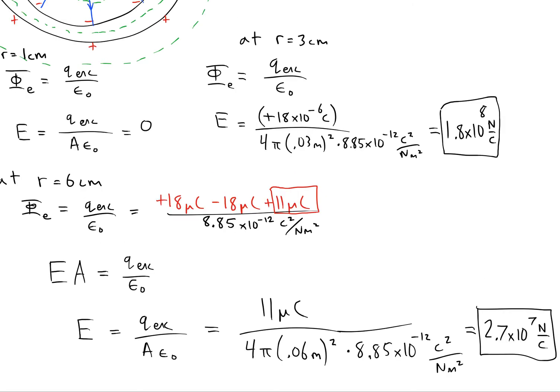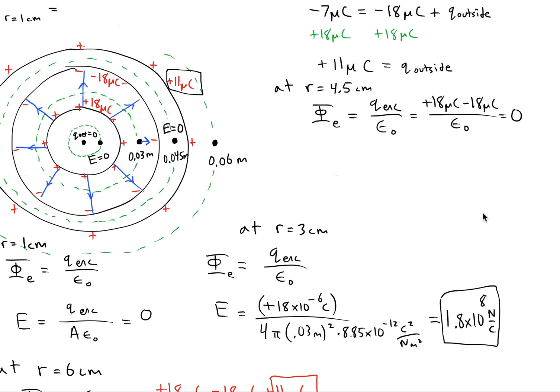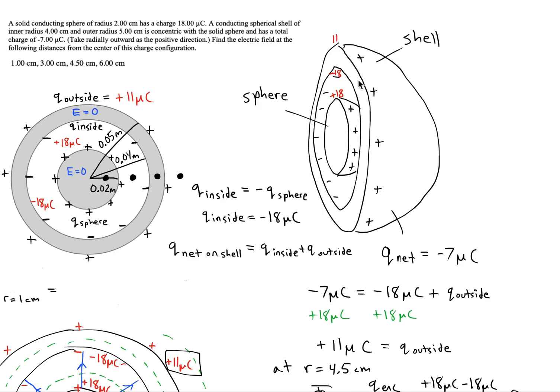And one last interesting thing to look at here is we see that the field outside the object is really due to the charge that resides on the exterior surface of that object. And if we take a look at the original charges that were on the objects, we had a positive 18 microcoulombs on the inner sphere, and a total of negative 7 microcoulombs on the outer object.